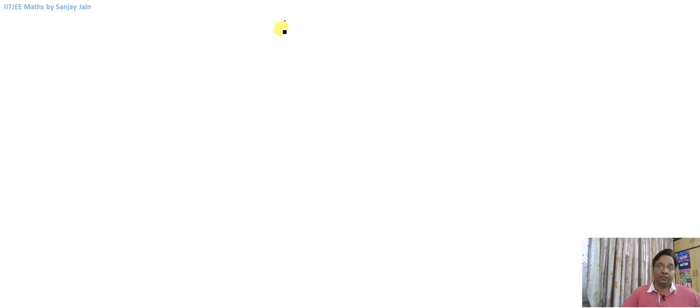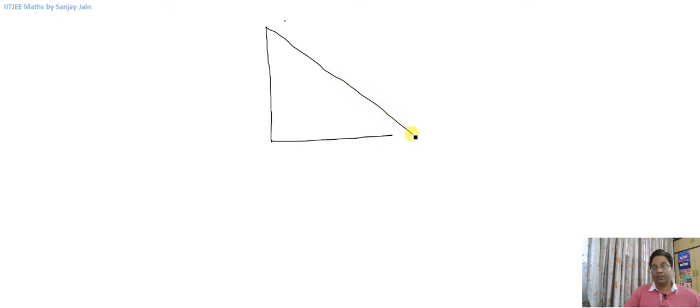So 45, 45, 90 triangle, let me create it like this and this. Okay, so if this angle is 90 degrees and this angle is 45 degrees, then this angle has to be 45 degrees. All right, so this is my 45, 45, 90 triangle.